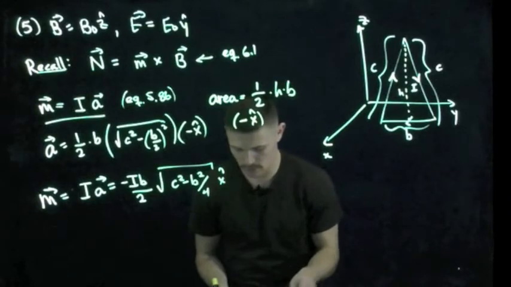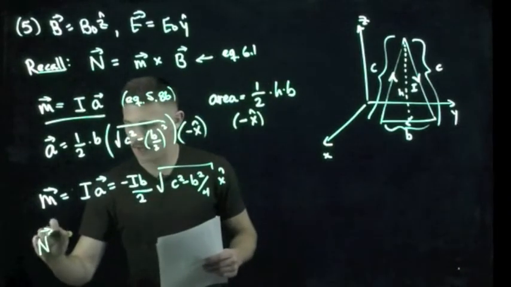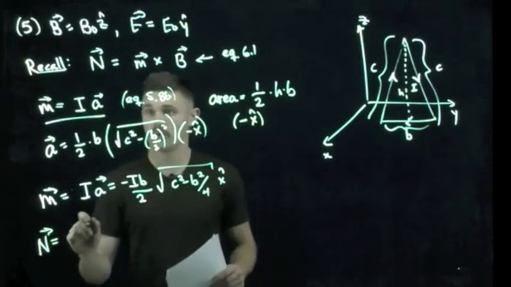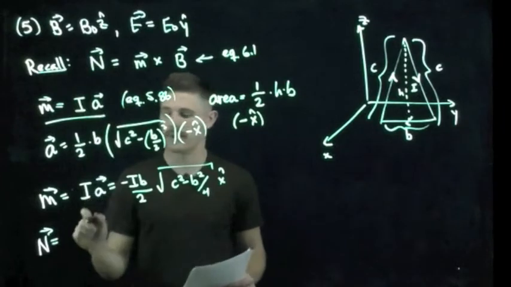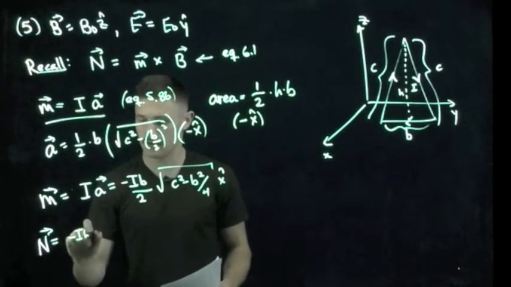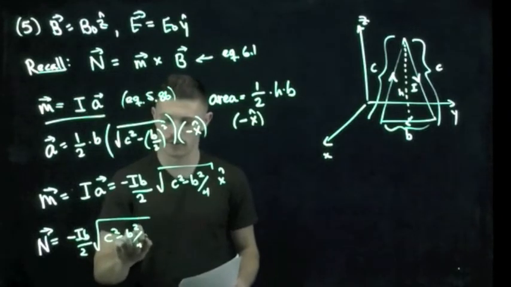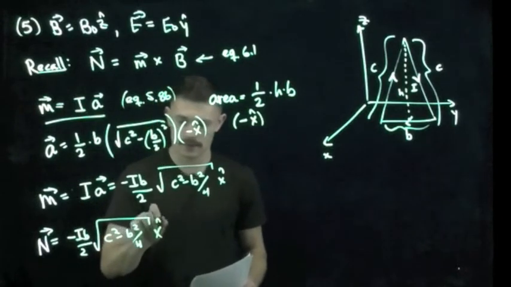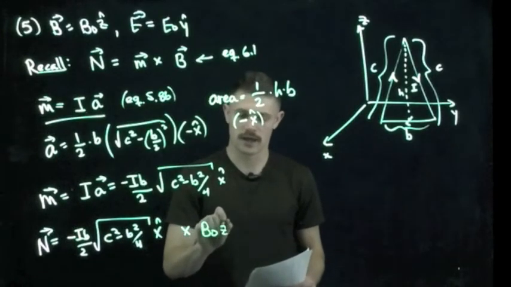Perfect. So now moving forward, we want to find what is N. So N is given by m cross B. So if we want to take this magnetic dipole moment and cross it with our magnetic field, so we have negative I b over 2, the square root of c squared minus b squared over 4 in x hat, and this is going to be crossed with B naught times z hat.